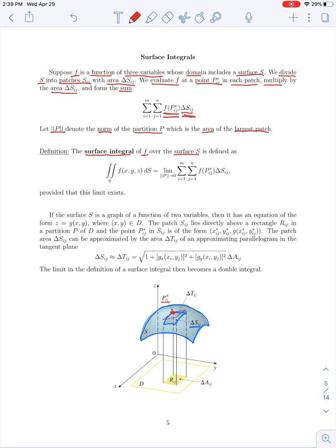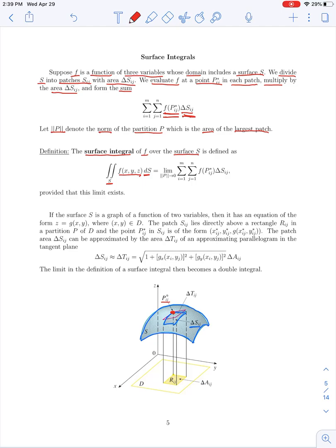So let's start with notation. A surface integral is denoted by using a double integral symbol with a subscript of S. Here the subscript is denoting the surface, and f of x, y, z is the function that we are integrating. And we say here differential of S on the end, or with respect to surface area, for this surface integral.